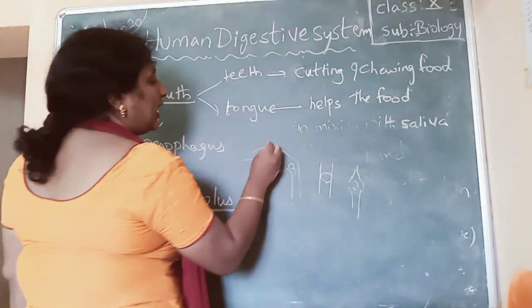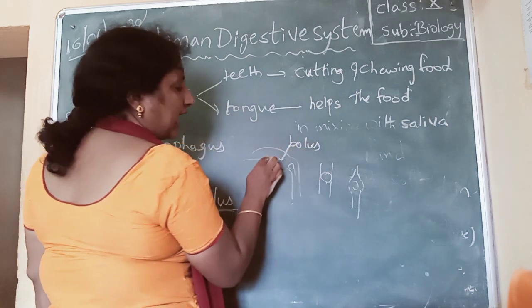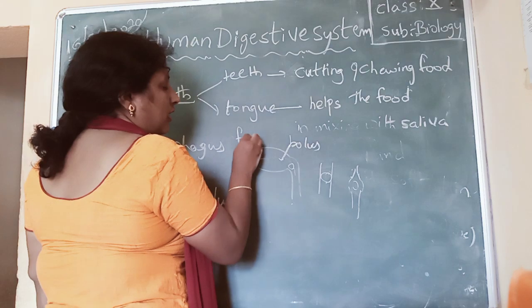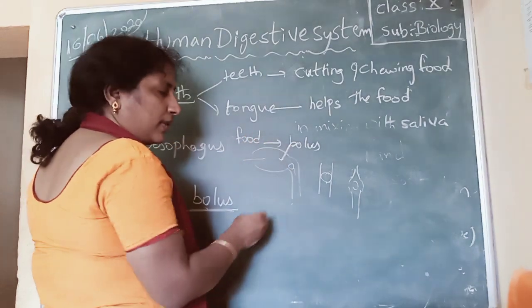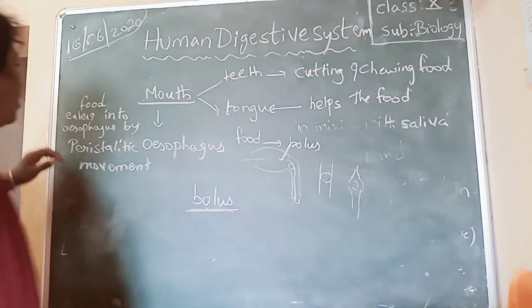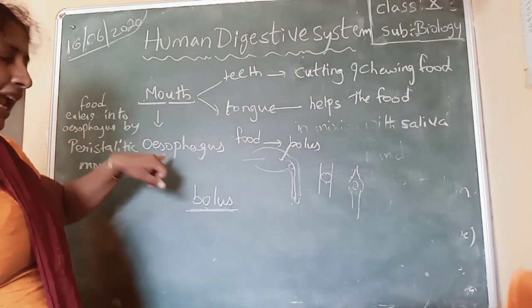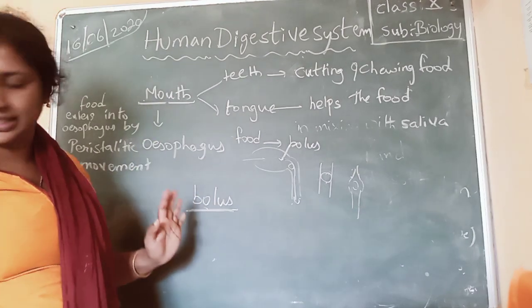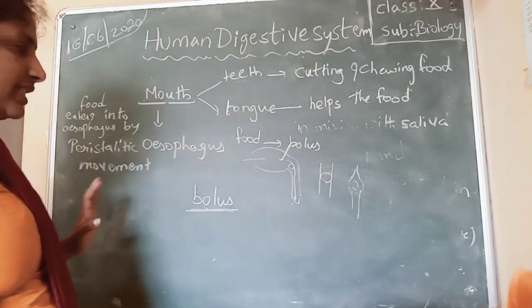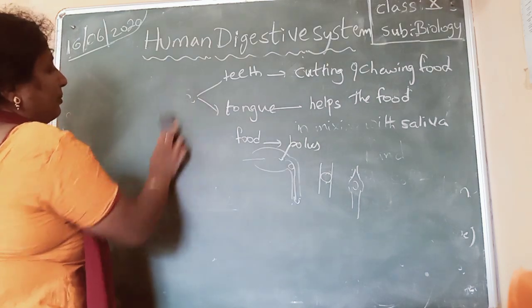So the food has become bolus. The bolus enters into the esophagus. The bolus from the mouth enters into the esophagus through peristaltic movements.